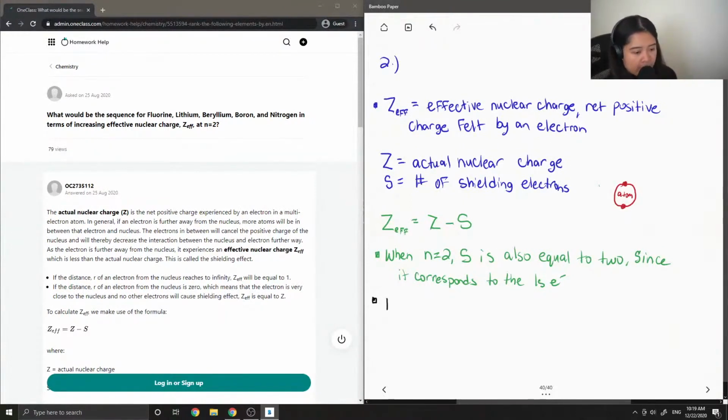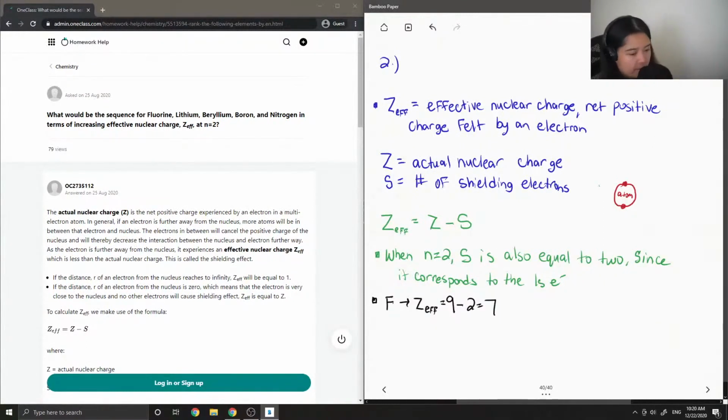So starting with fluorine, it has an atomic number of 9. And then its S is 2. So 9 minus 2 is 7.